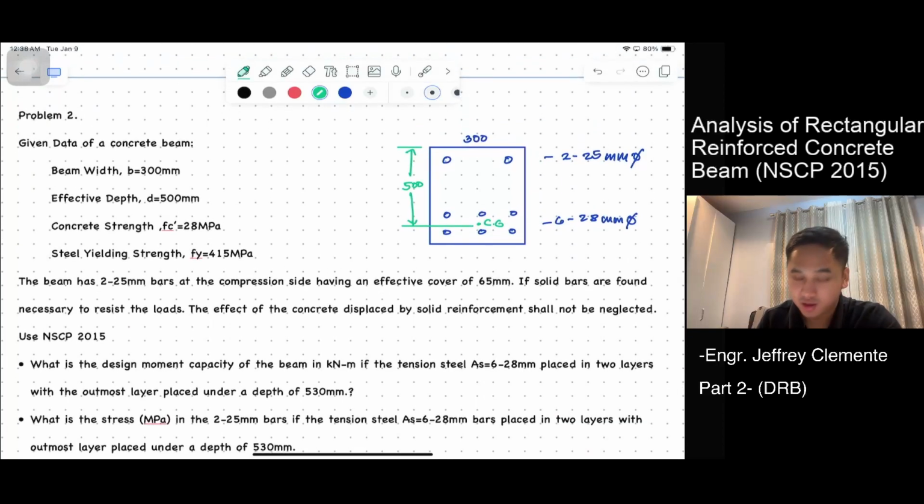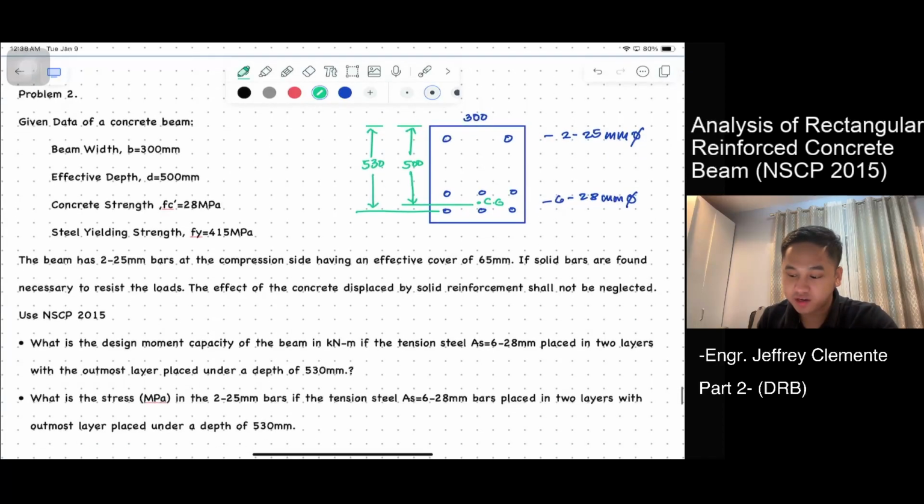So that is, what is this? D prime. Diba? So mula dito, papunta dito sa centroid na to. So that is 530. Okay? So, ano pa ba? Hindi natin nabibigay. Wala naman, meron na. So, this is the illustration.